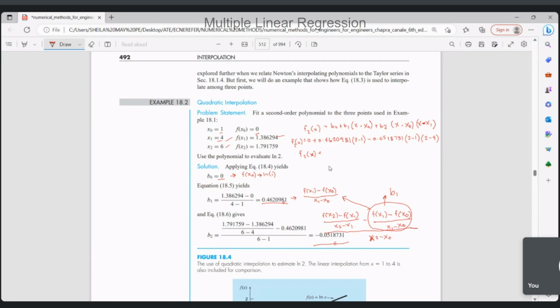Para ba answer? 0.565658443. So that's our quadratic interpolation.